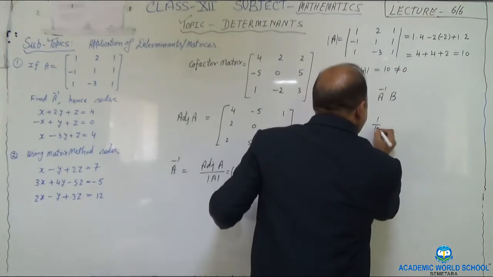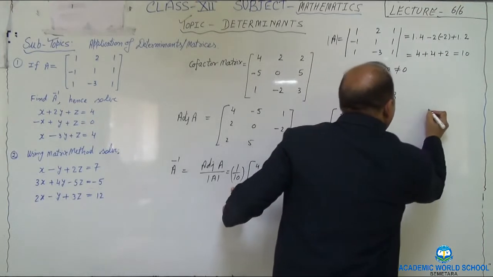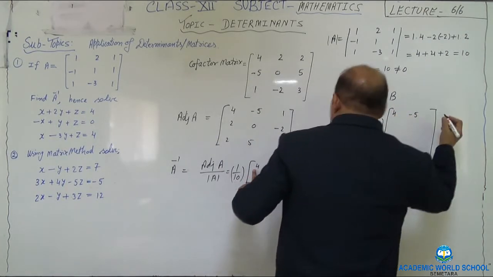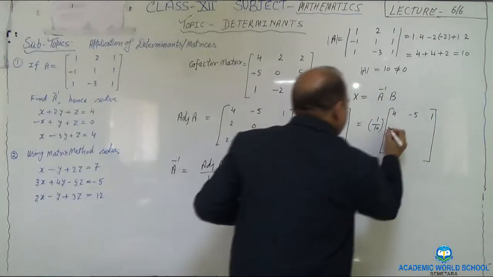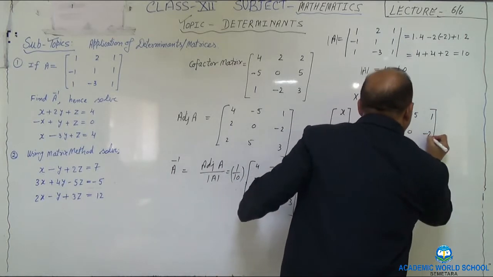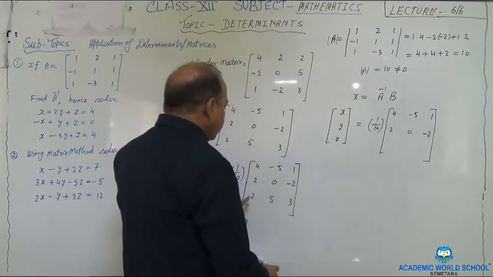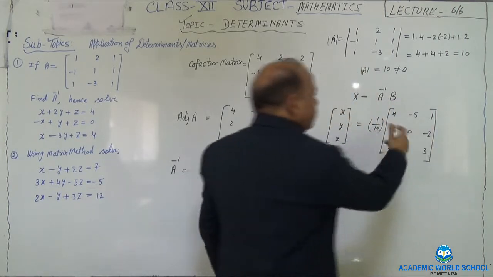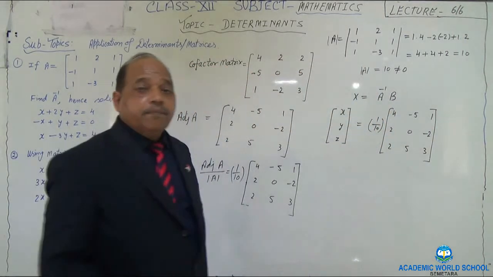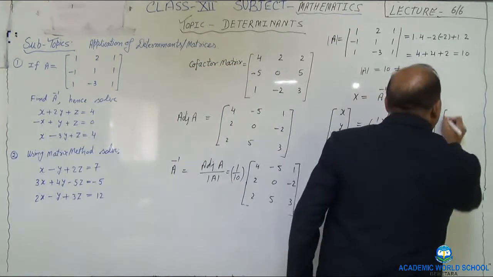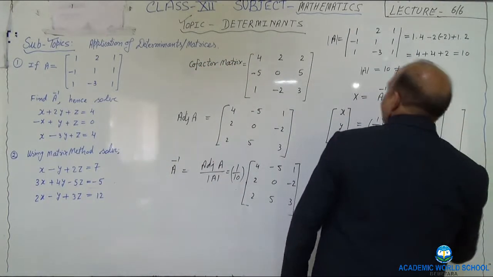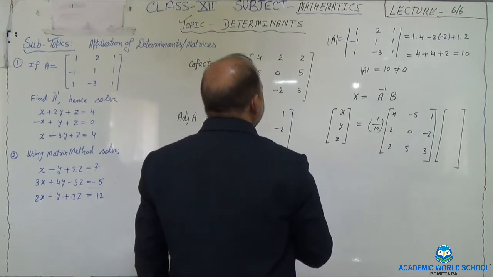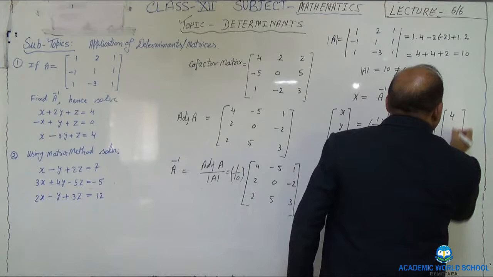So it is 1 by 10, and then your inverse is 4 minus 5 1 2 0 minus 2, and then 2 5 3. This is my A inverse. And where is my B? B you need to write down. That was your scalar matrix. So scalar matrix was, it was 4.